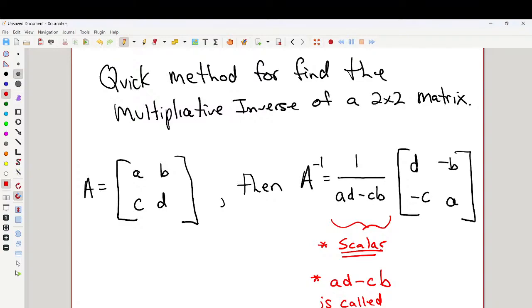We would set up a bunch of equations. I'm just going to do one of these and let it go. I'll call the unknowns W, X, Y, and Z. My goal is to figure out what this looks like using A, B, C, and D, not W, X, Y, and Z. So we would say AW plus BY equals 1, and then you set up your next equation, and the next.